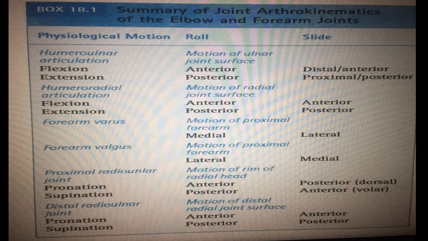And in case of supination, the motion of the distal radial joint surface would be posterior and the gliding, sliding also occur in the same direction, and it would be posterior.